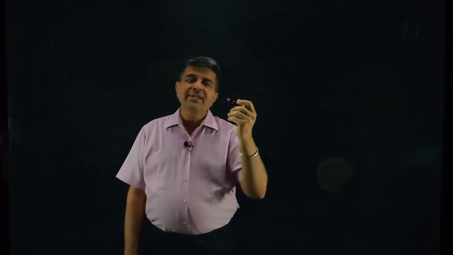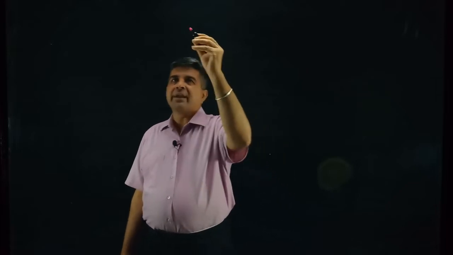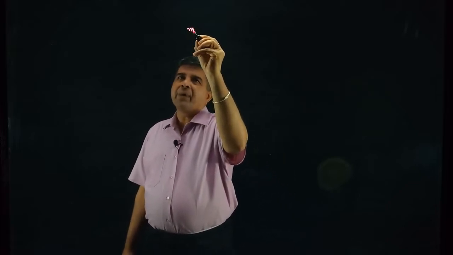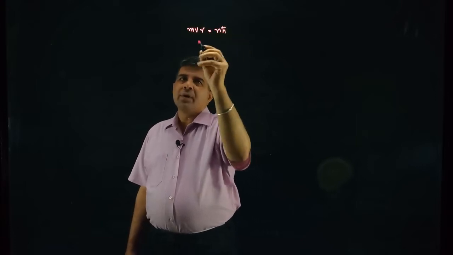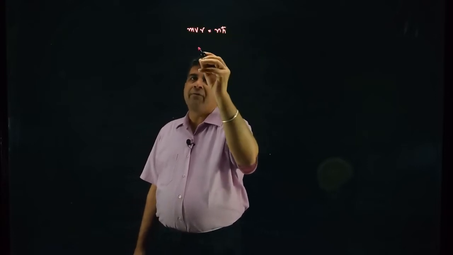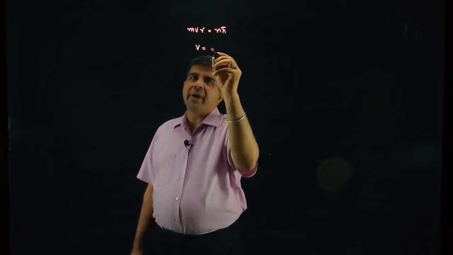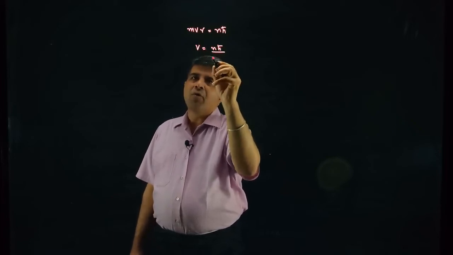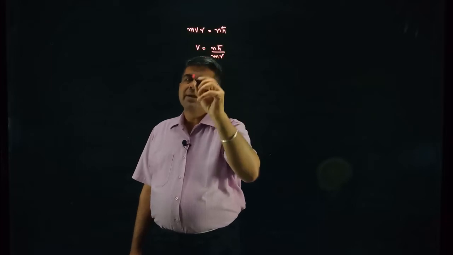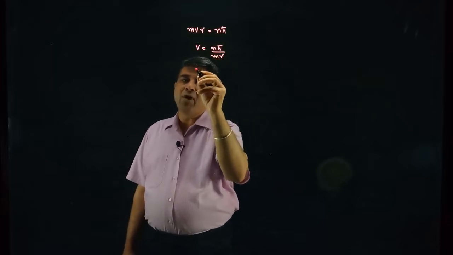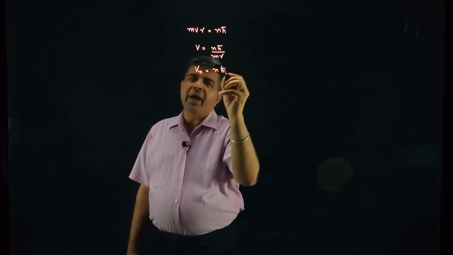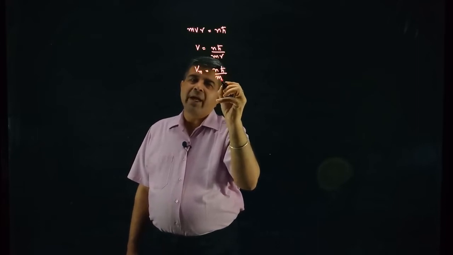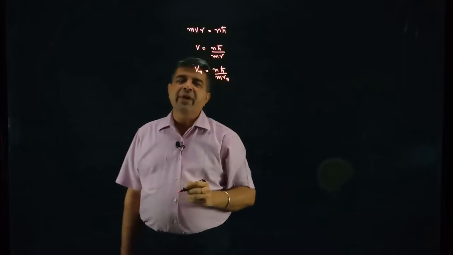Bohr quantization of angular momentum was given by m v r is n h bar. So just shuffling the terms to calculate velocity, velocity would be given by n h bar over m into r. Now if I am calculating velocity for nth orbit, it would be given by n h bar over m into radius for nth orbit.